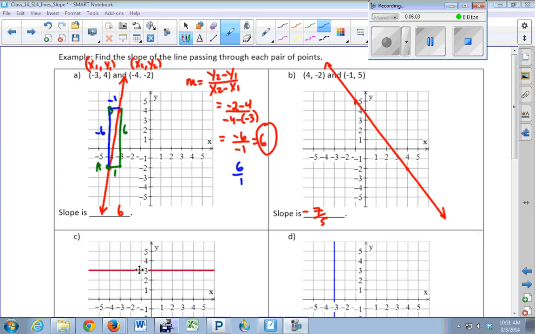Well, how did you get 6 over -1? Hang on. 4 take away -2, yeah. And what's 4 take away -2, Jonah?